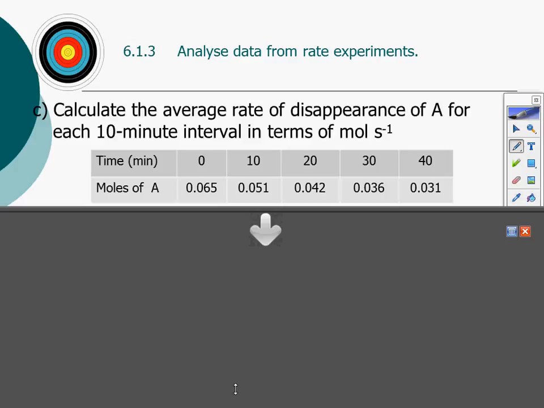What'd you get? 0.0014. How many people agree with that? I didn't hear a lot of people agreeing with that. Did you convert it? No, I didn't.